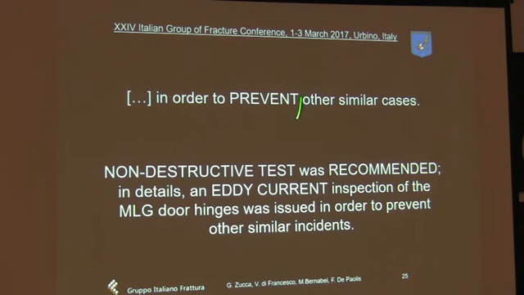And what we can say in order to prevent other similar cases is to issue NDT. We recommend the current NDT because it will need the painting of the part to be removed, in order to prevent other similar accidents.